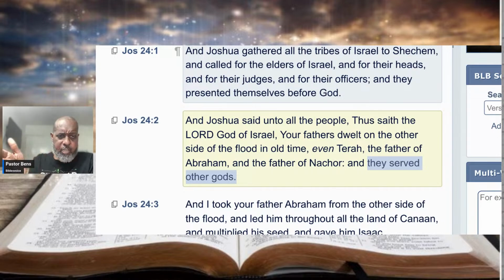Islam didn't start until the 600s. We're going all the way back to creation, before the flood, and after the flood.